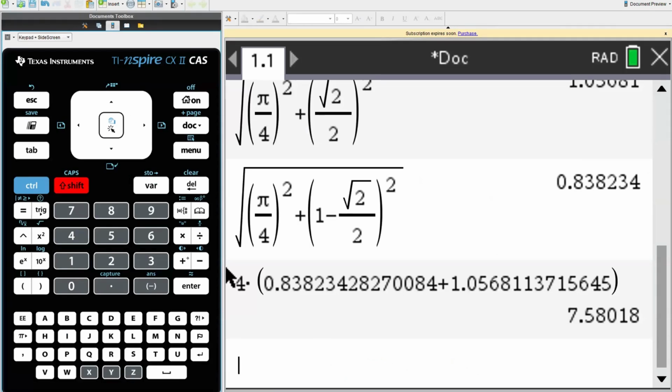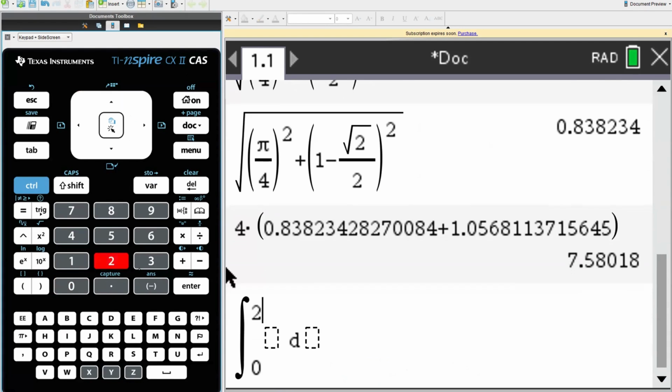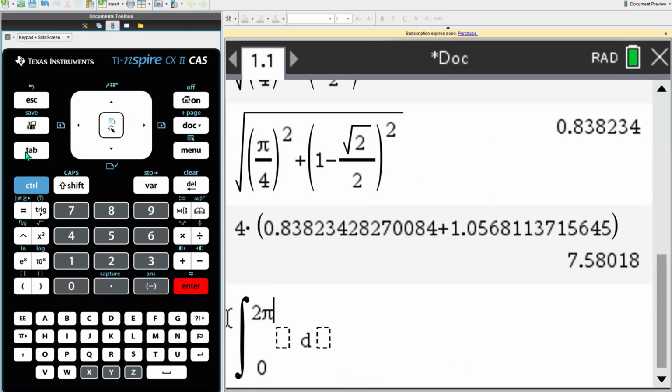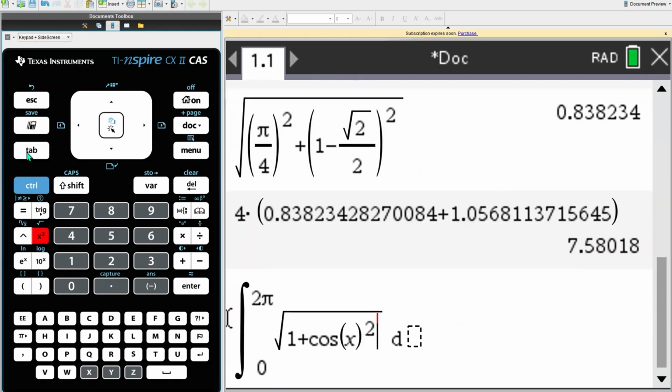How about the integral from 0 to 2 pi of the square root of 1 plus cosine of x squared dx.